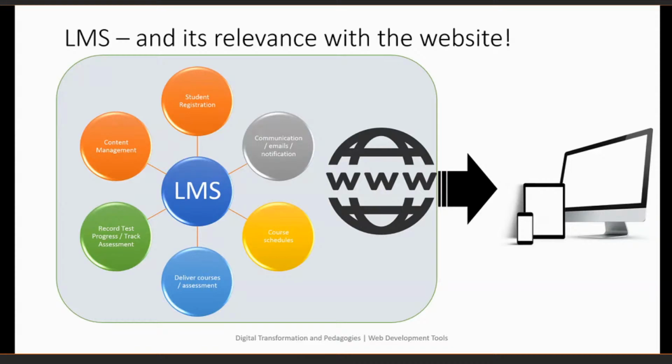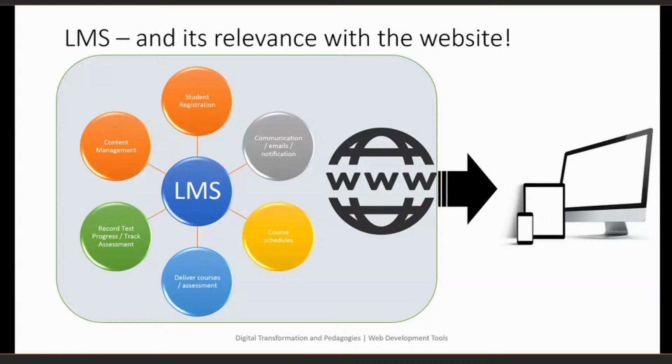Now, when you talk about a classic learning management system, you can have various different types of offerings. What I'm taking here is a quick stab at what a classic learning management system can provide as capability. First and foremost, you need to have student or learner registrations, so you know who the persons are who want to consume that particular learning or content.